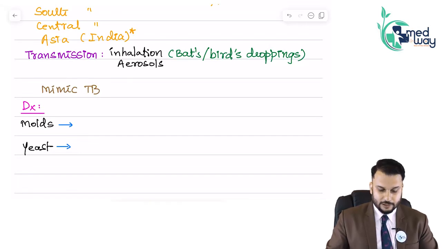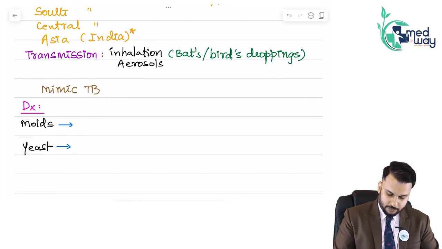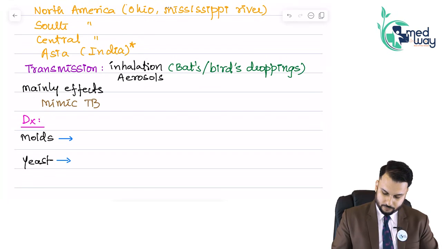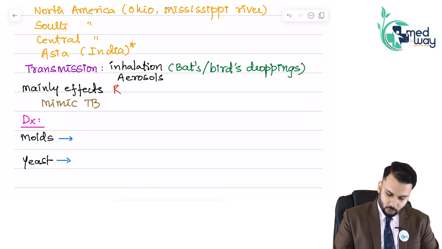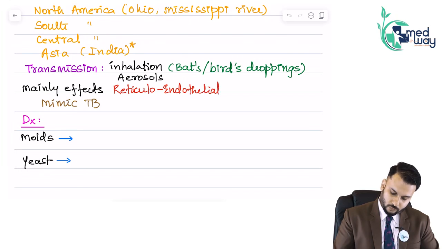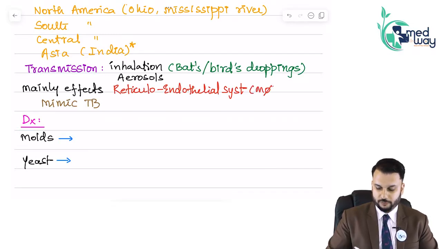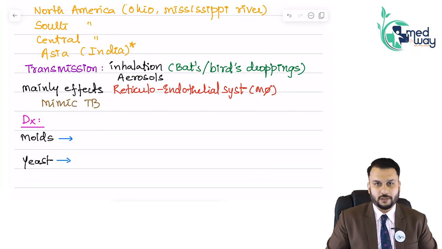Now, this is a thing that they love to ask, that histoplasma mainly affects the reticuloendothelial system, which you might know as macrophages. Just a fancy name for this.